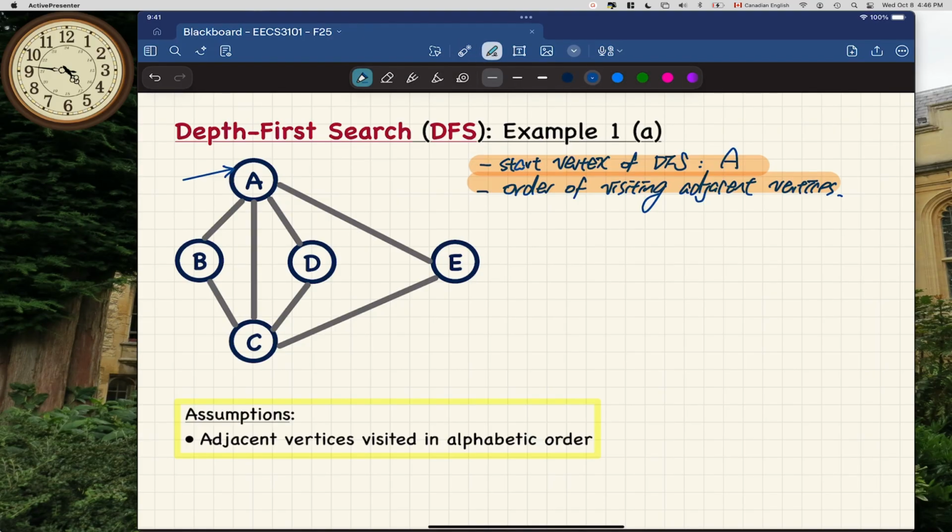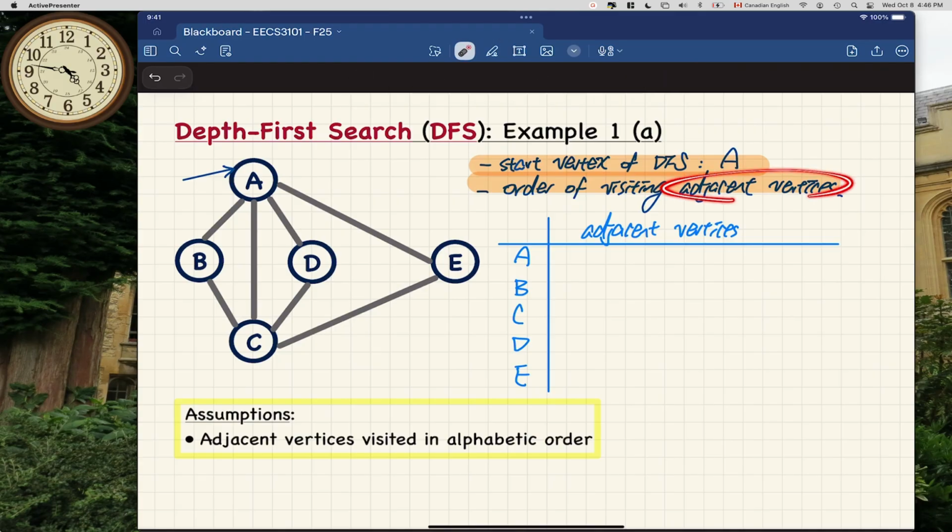So let's draw a table right here. The table is going to talk about the different adjacent vertices for each vertex. So here we got A, B, C, D, and E, and they have their adjacent vertices. When I say the order of adjacent vertices, I'm really talking about the order of visiting the incident edges, really the same thing.